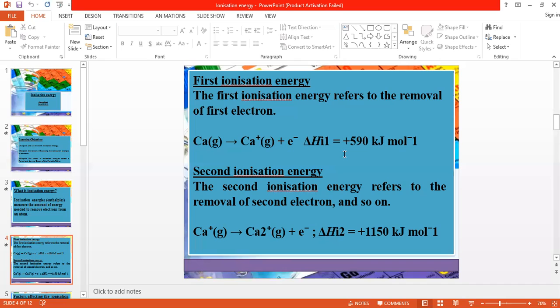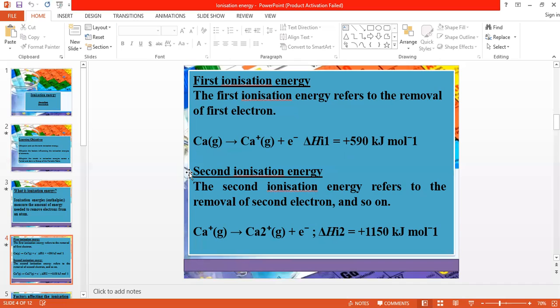The plus sign indicates you need energy, required energy, absorbed energy. Then come to the second one, second ionization energy. It refers to removal of the second electron and so on, maybe third ionization energy, fourth ionization energy. It depends on how many electrons you are going to remove from a gaseous atom.